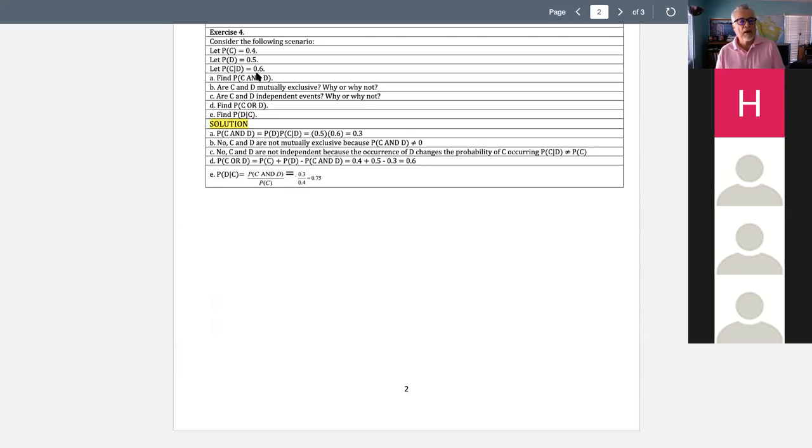So we're told that D does have some influence on the event C. The event C by itself just has a probability of 0.4. But if you condition on D, then the probability of C actually goes up to 0.6. So they're not independent.